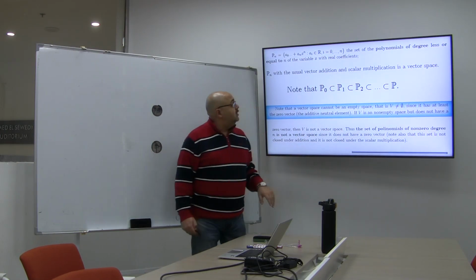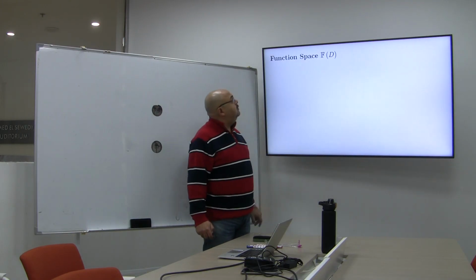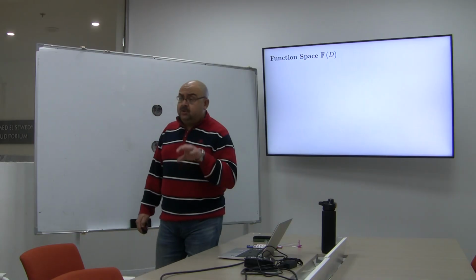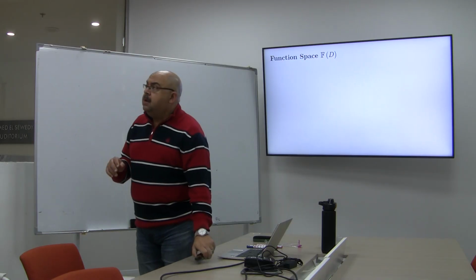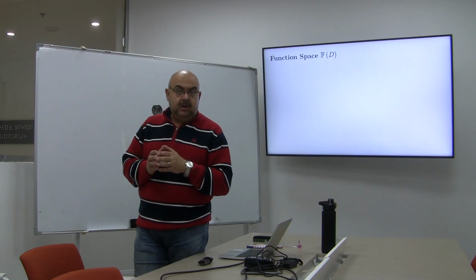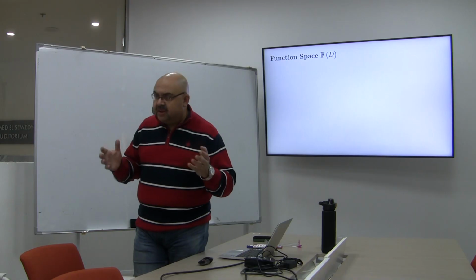So this slide is covered, it's about polynomials, and this is really very important to keep in mind at all times. Also for function spaces, I can do the same. So let's summarize what I've said. A vector space is a collection of some things.